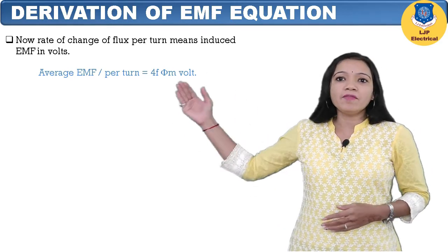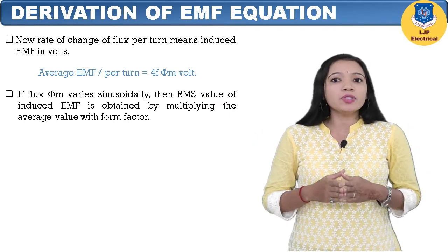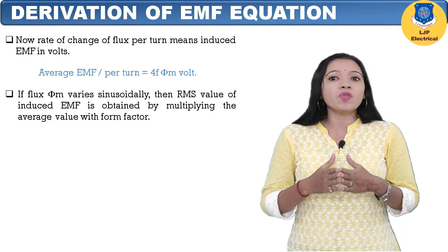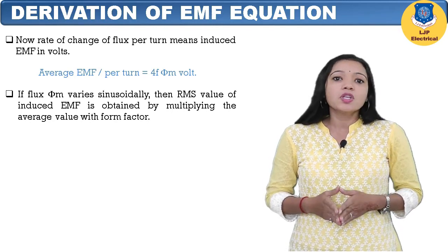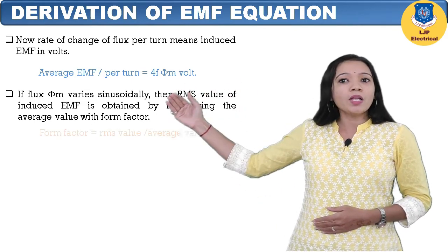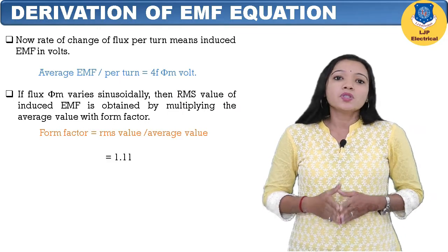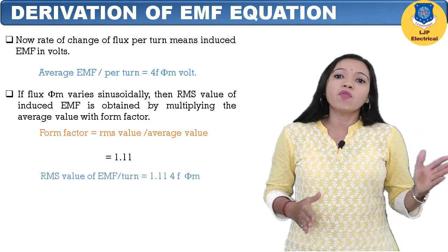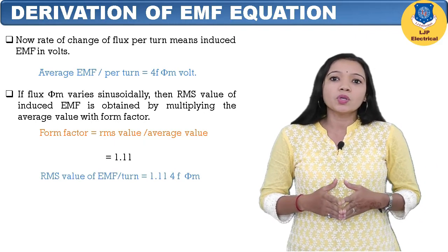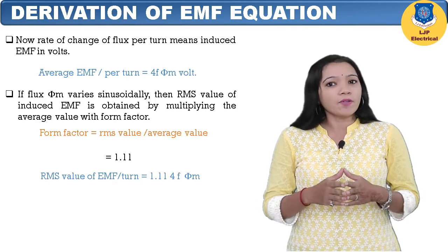If flux phi m varies sinusoidally, then RMS value of induced EMF is obtained by multiplying the average value with the form factor. So the form factor is equal to RMS value divided by average value, which is equal to 1.11. So 1.11 is the value of form factor. So we are interested to find the RMS value, so we will multiply 1.11 with the average value.